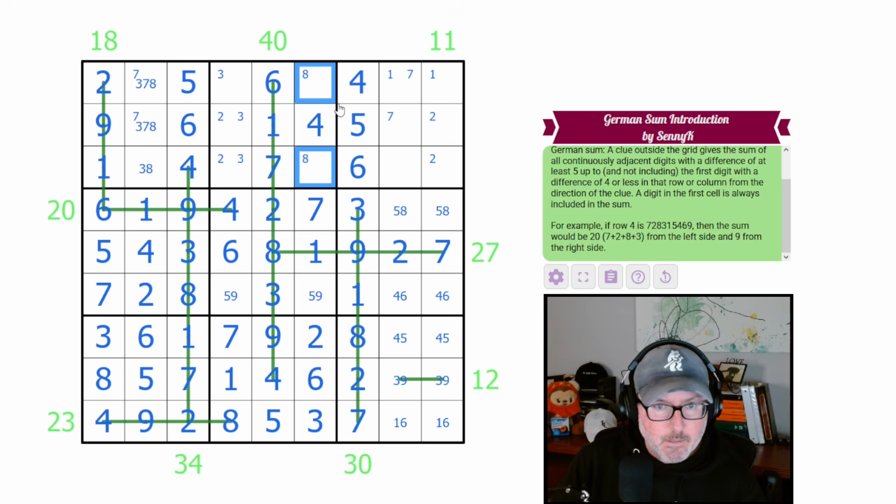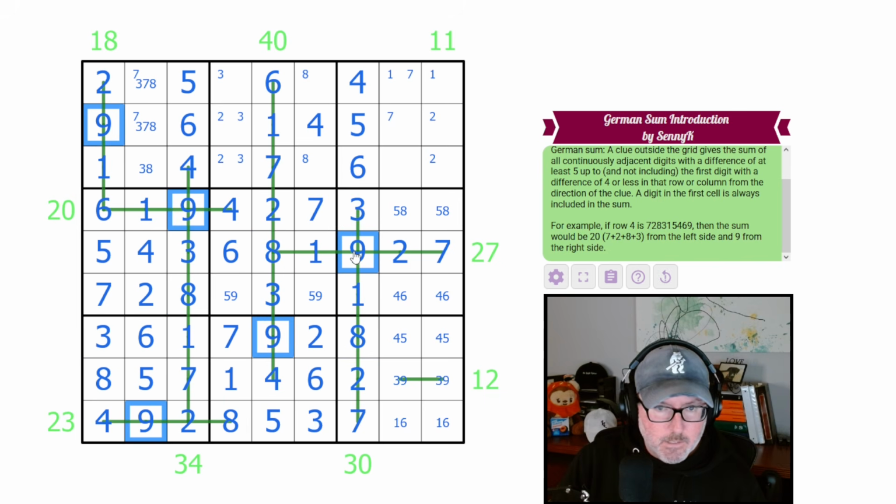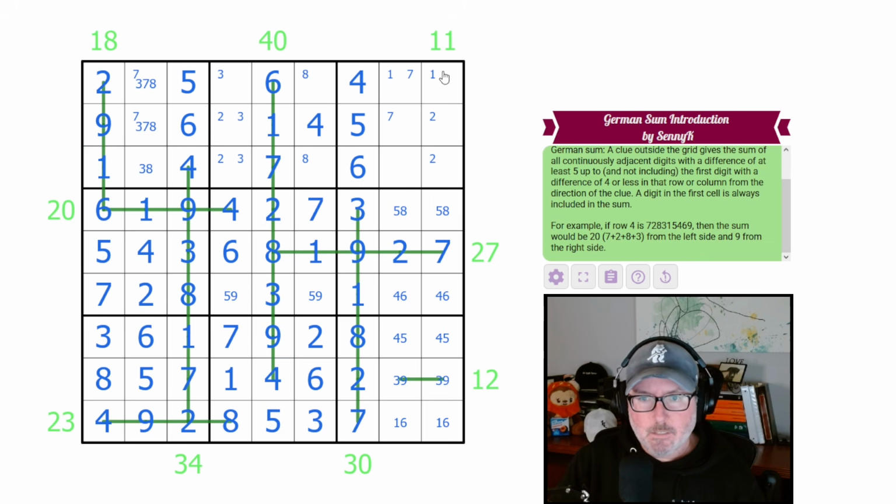Again, hoping that some of these cross over and we can just do the Sudoku, but 8, no. Let's try the 9s, and then of course if we don't get them, we'll go to this clue here. 9s, one of those, 2, one of those. Yeah, there's too much going on here, I think, so let's start thinking on you.